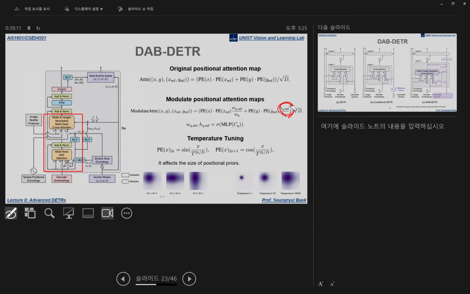In conditional DETR, they only considered the locations, the x and y values, but here they estimate the width and height of the bounding boxes as well. And they also use temperature values to encode the scales of the attentions. So that's the difference from conditional DETR.